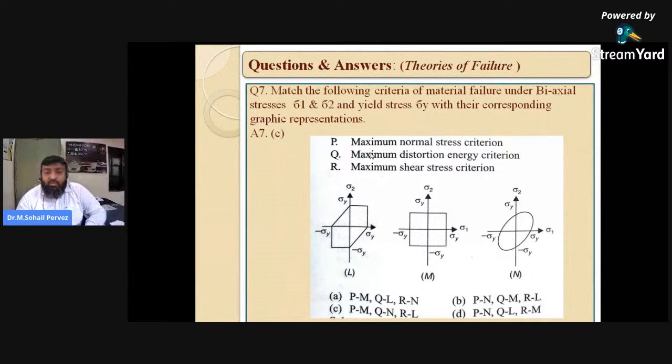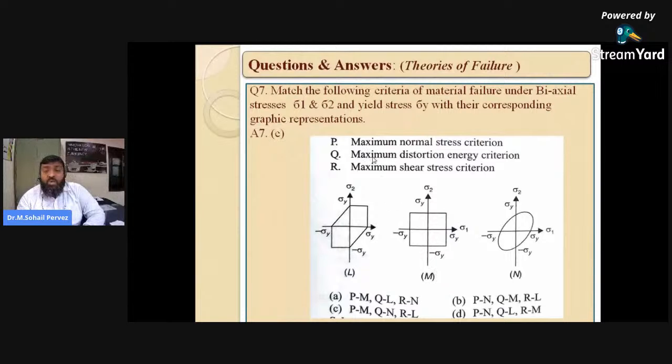As far as the maximum normal stress criteria is concerned, all these theories are applicable to a biaxial stress system, a system acted upon by 2 different forces along 2 axes, xy or xz or yz. In this case, the maximum normal loading would be in the second diagram, M. So matching the criteria with the diagram, the maximum normal stress condition would be matched by this M diagram.